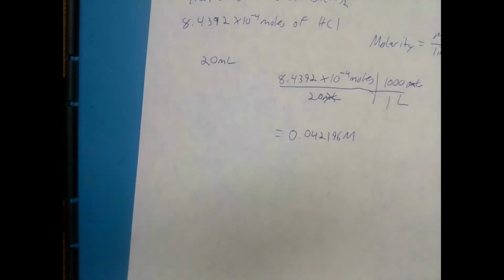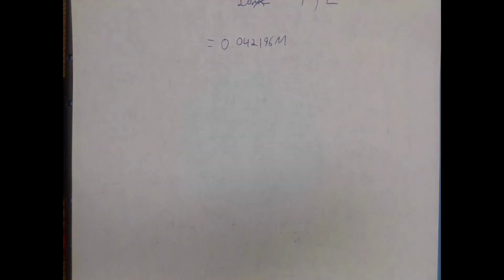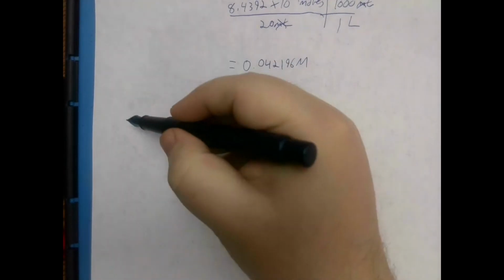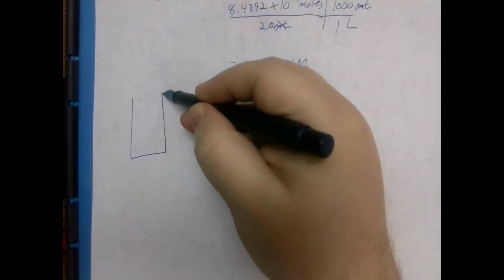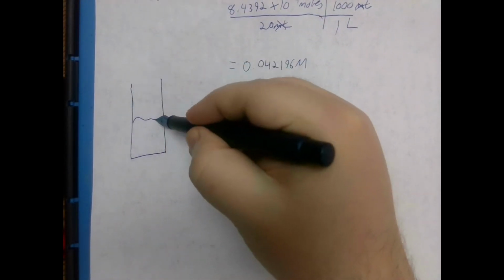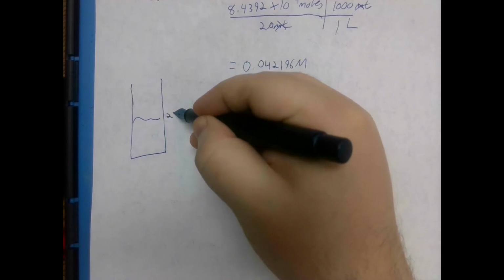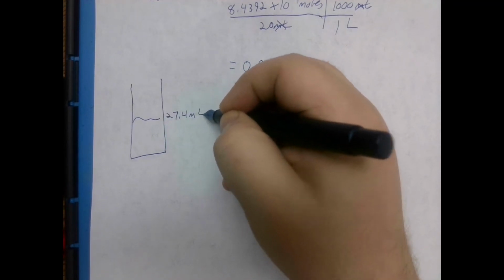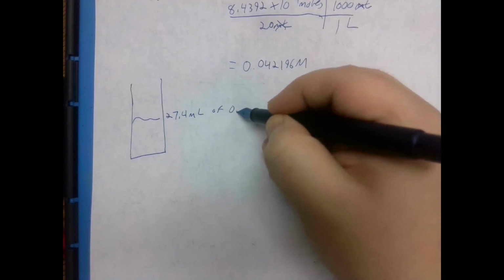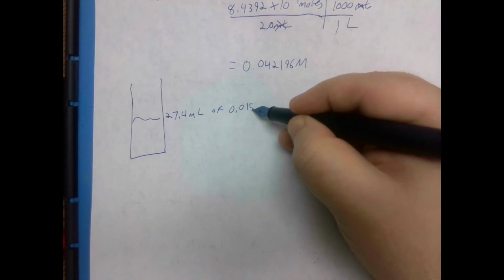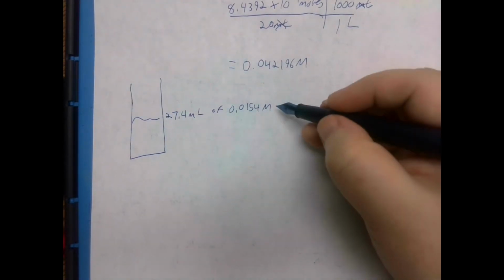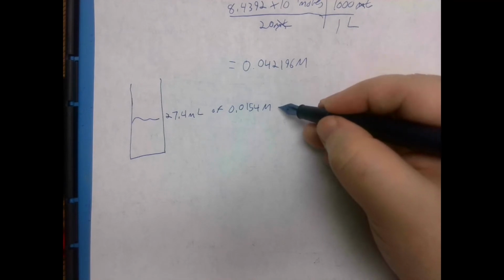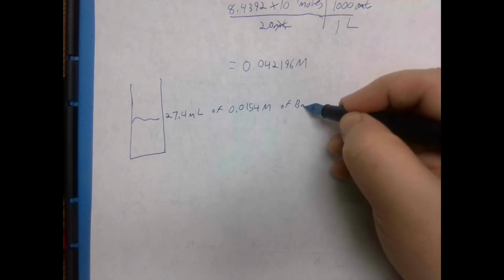So basically all we did is we started out with a container that had 27.4 milliliters of a known concentration. We knew that this was precisely 0.0154 molar solution of barium hydroxide.